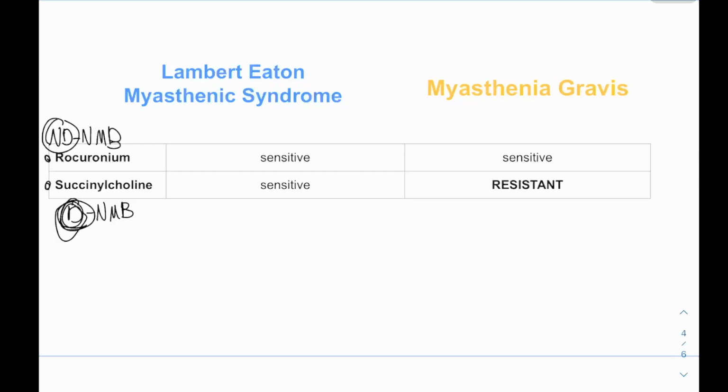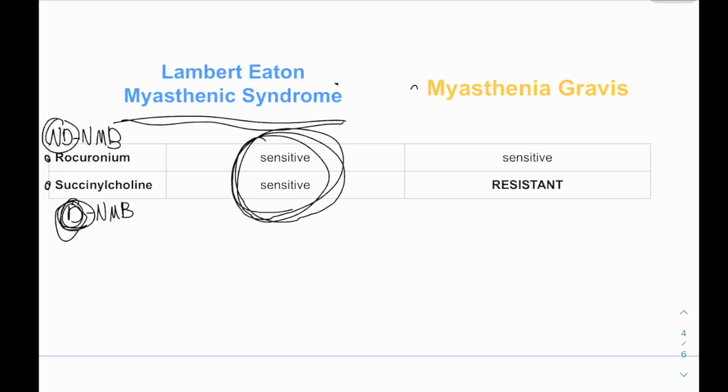So in these two conditions, the different medications will have a certain level of sensitivity or resistance. In Lambert-Eaton, patients are sensitive to both ROC and SUX, which means paralysis from these two agents is actually just increased. They are more sensitive to ROC and SUX.